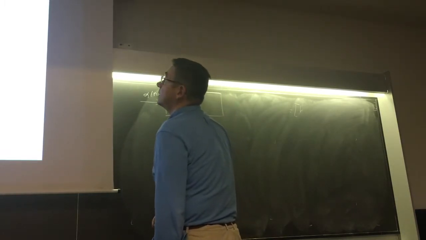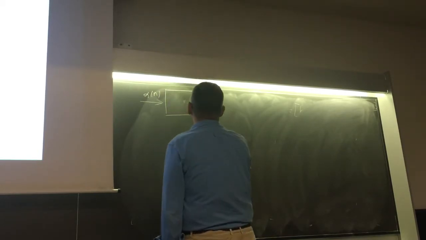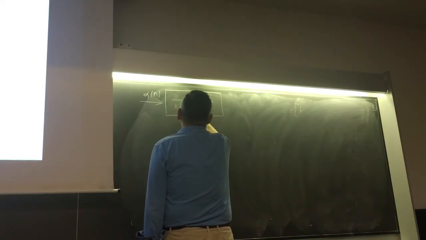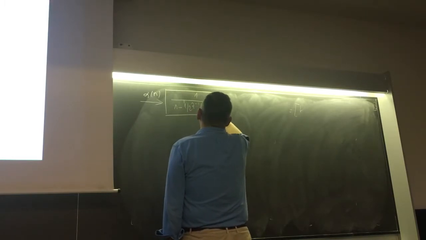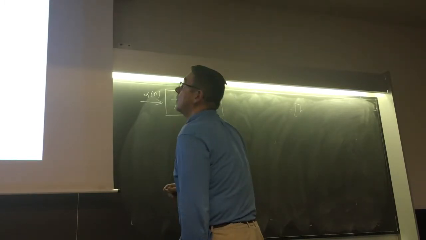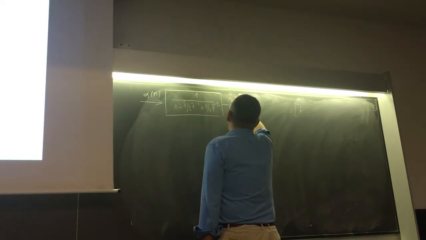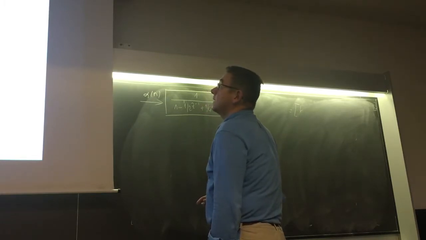Now the filter is 1 minus 1/2 plus 1/4. Then I generate y. Then I get x.